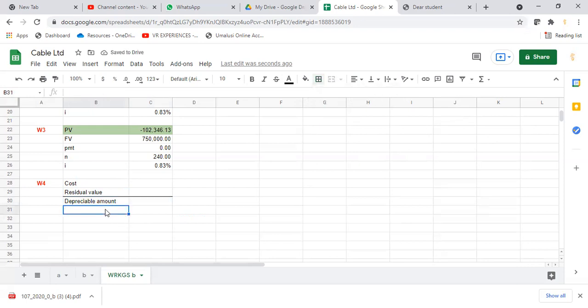Depreciable amount divided by useful life will give me my annual depreciation.